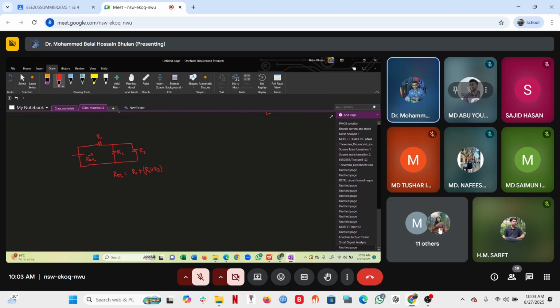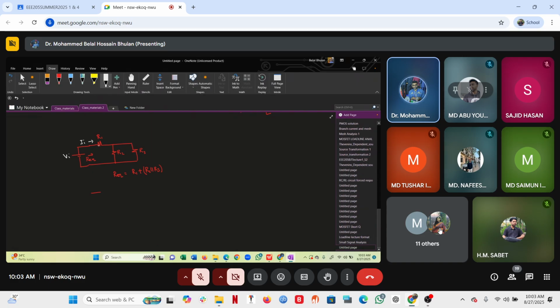So the circuit looks like this. And let's say you are asked to determine the current I, let's say II. And the voltage here is VI. So that's the current you are asked to determine.